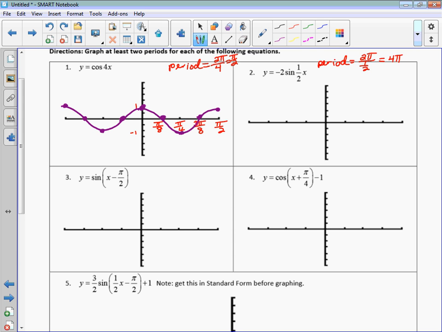Label your x-axis for me. Okay, you guys try, and then I'll put it up here and see if you got it right.